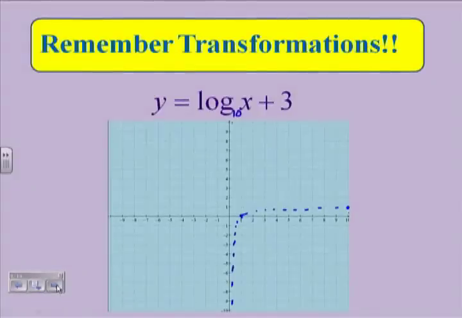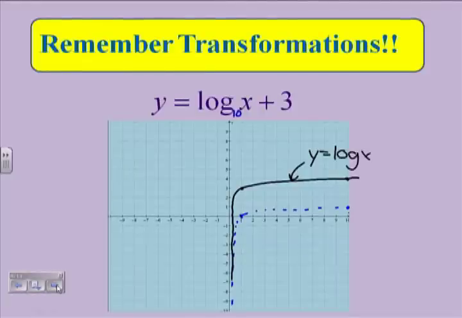I would simply take those 2 points and move them up 3. So 1, 2, 3. I go to the point 1, 3. I go to the point 10, 4. And then there's my graph. This is the graph of y equals log x plus 3.